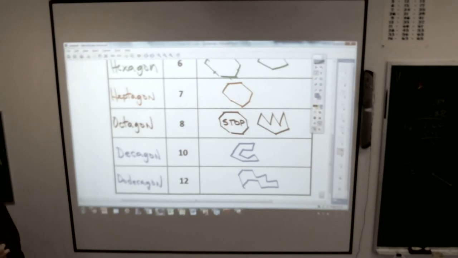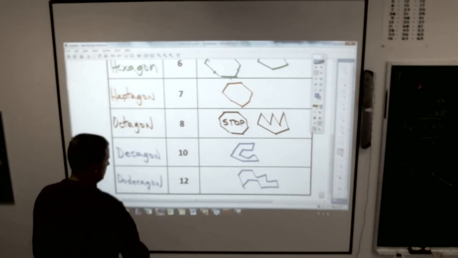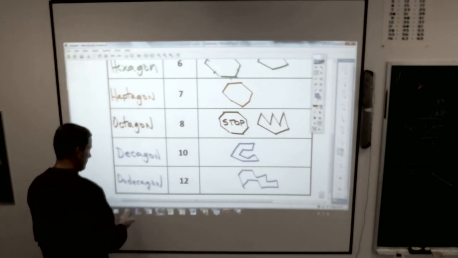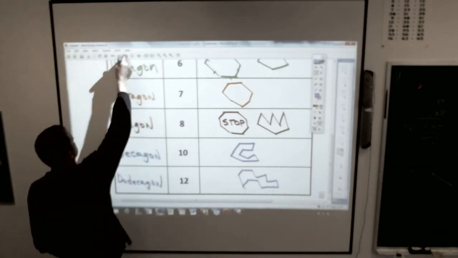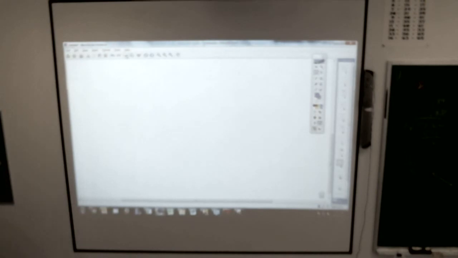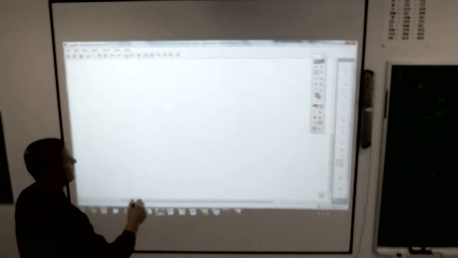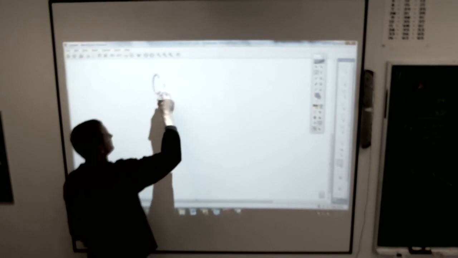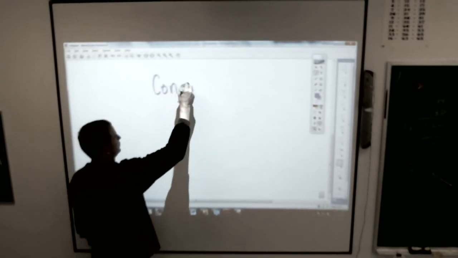Why do mine almost look so weird? And then another blank piece of paper, if you will. This one will have to be blank because it goes under a different title here. And write on this one the word congruent.